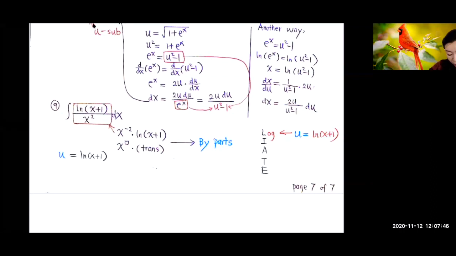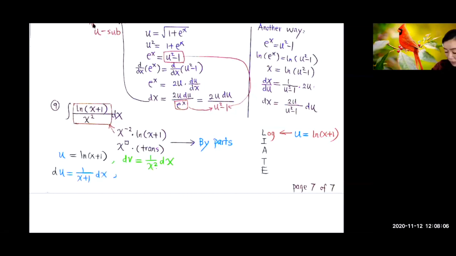The remaining part will be dv. So u equals ln of x plus 1, and dv equals 1 over x squared dx. Now by doing this, du will be equal to 1 over x plus 1 dx.